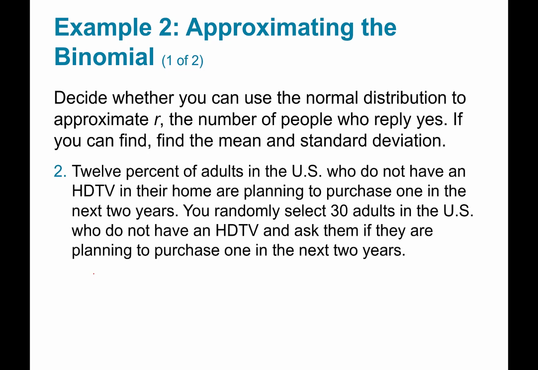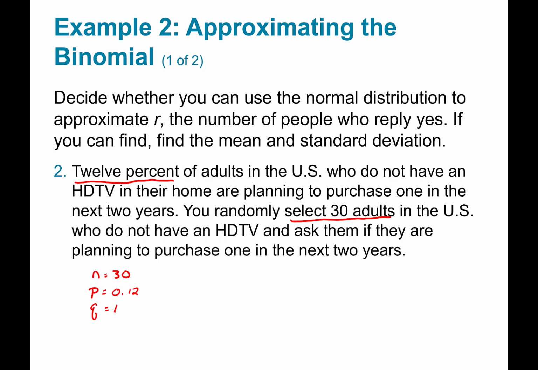So same thing, let's define what N, P, and Q are. So we know N in this case is going to be our 30 adults we're selecting. So our trials, our adults, are in this case 30. P is the probability that they are planning to purchase one. So that's 12% or 0.12.